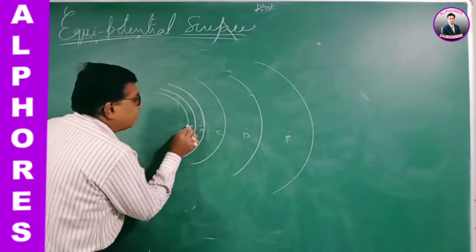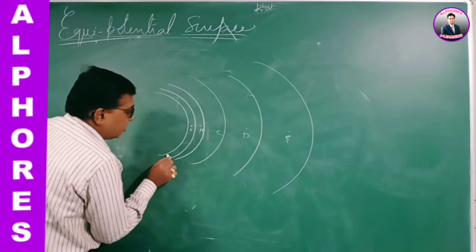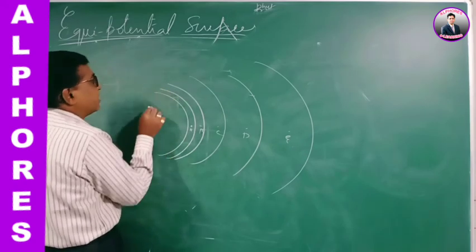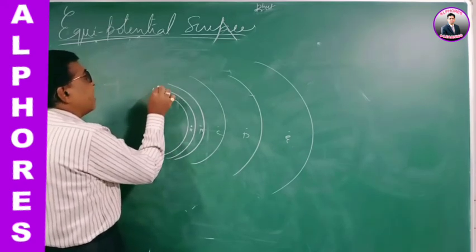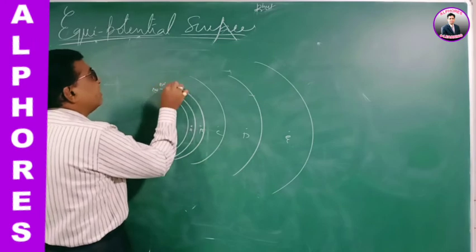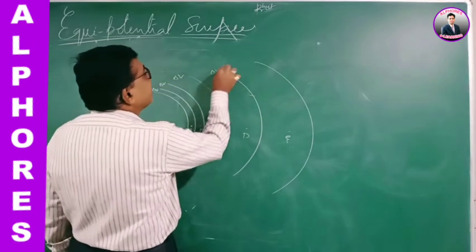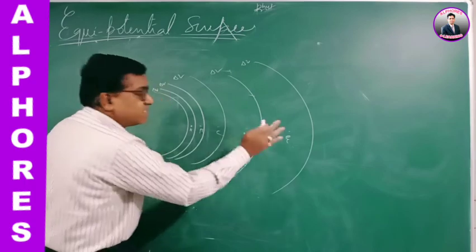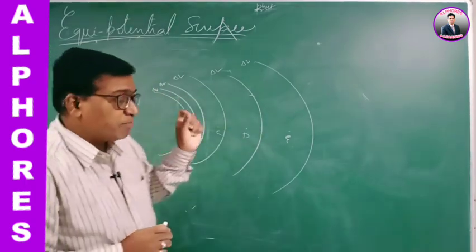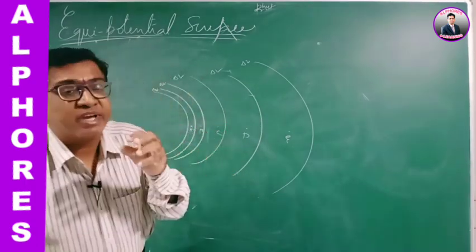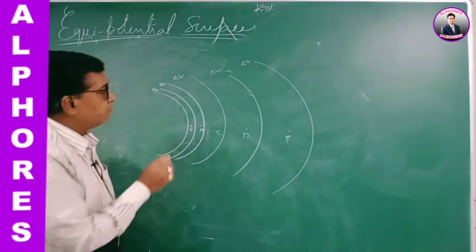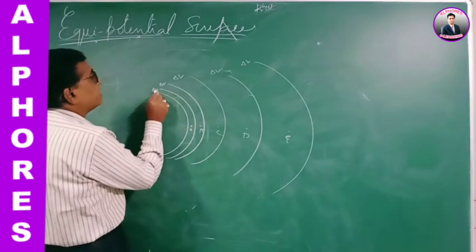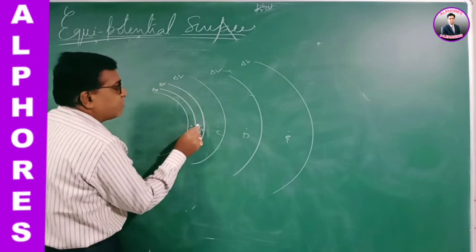Let the potential difference between these two surfaces be some delta V, and between these two also the same delta V. Same potential difference exists, but from the separation of the equipotential surfaces you can judge the strength of the field.